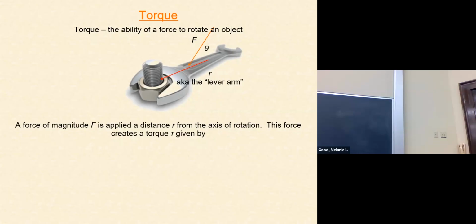So if I go over to this door and I push it in the middle, I'm not going to get very much torque if this is my rotational axis. If I exert a certain amount of force that close to my rotational axis, I don't get a lot of torque. But if I increase my lever arm and go over here, that far away from the rotational axis of the hinges, the same amount of force is much more effective.